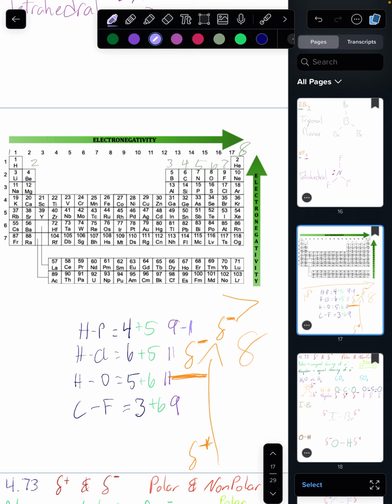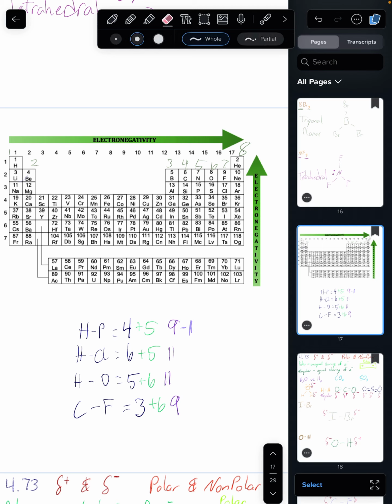I'm going to get rid of this extra around here. Now a chlorine. Oh, wait, I did that wrong, sorry. It's going to be the opposite. That's going to be -8.